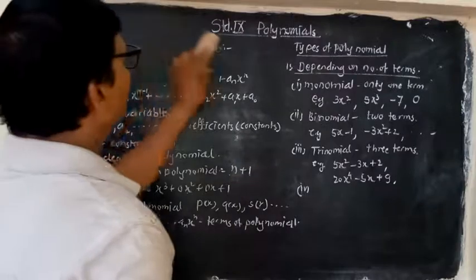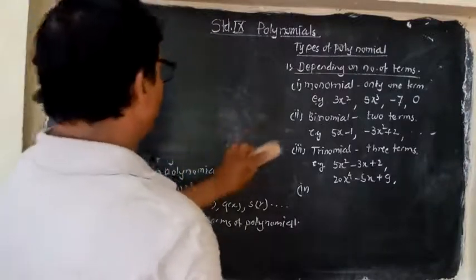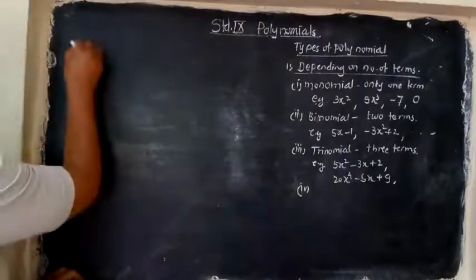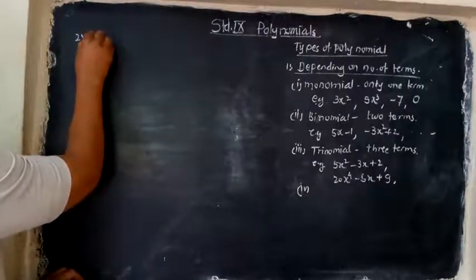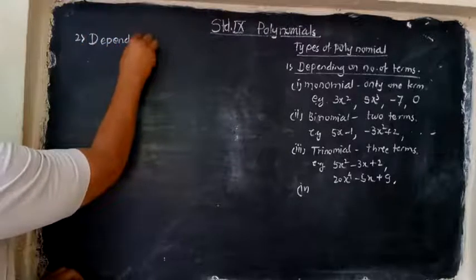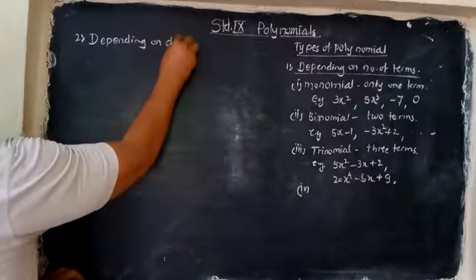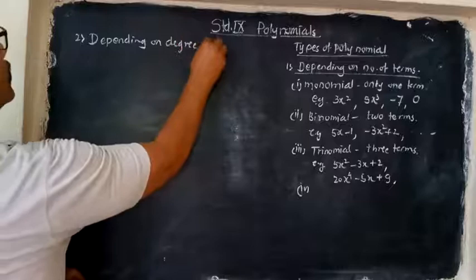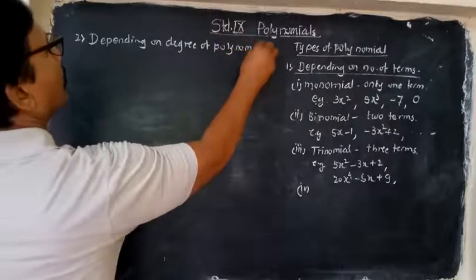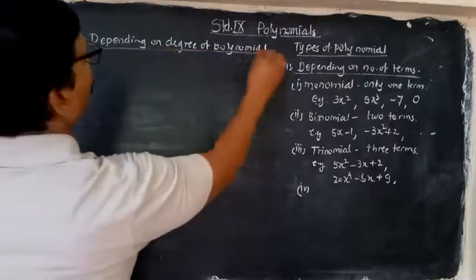Now second, how can polynomials be classified? Polynomials can be classified on the basis of the degree of the polynomial.